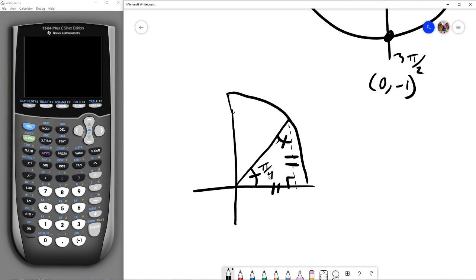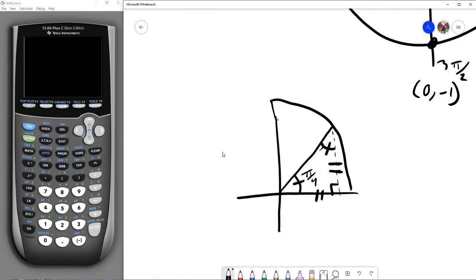Pi over 4 is equal to 45 degrees, just in case you weren't aware of that. So 45 plus 45 plus 90 is 180. Don't forget, all three angles of the triangle have to add up to 180 degrees.